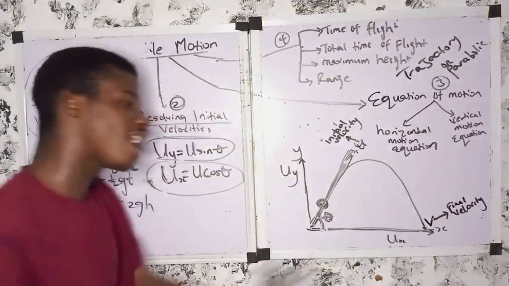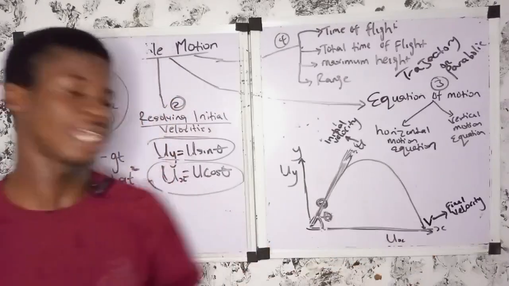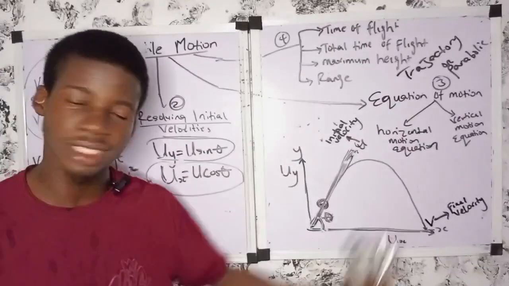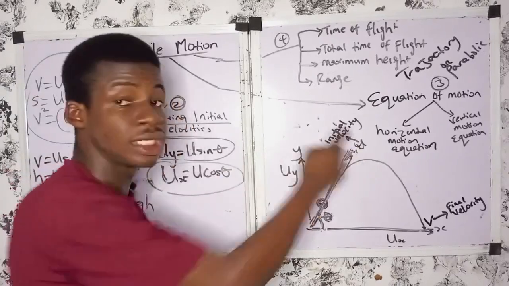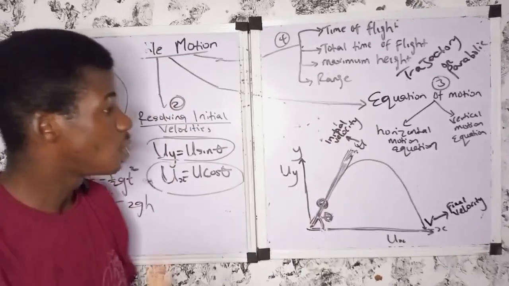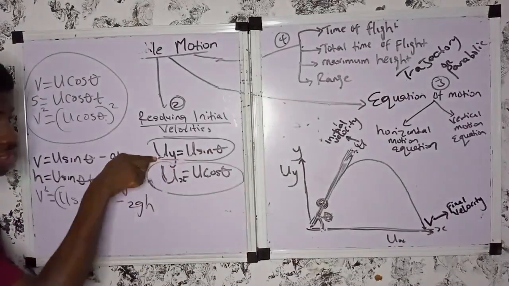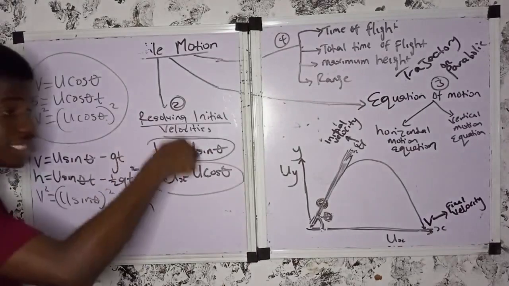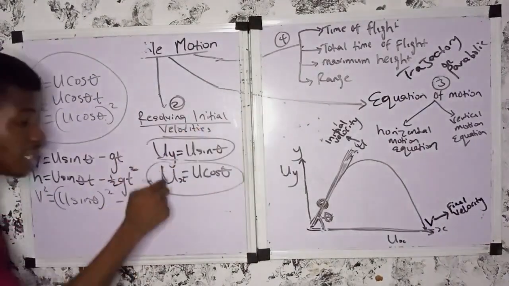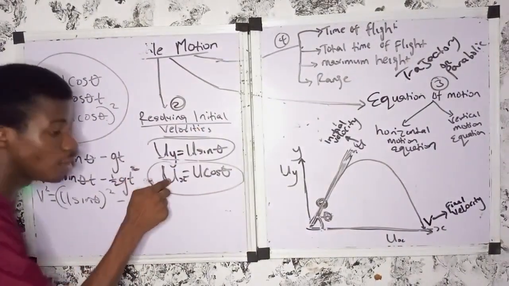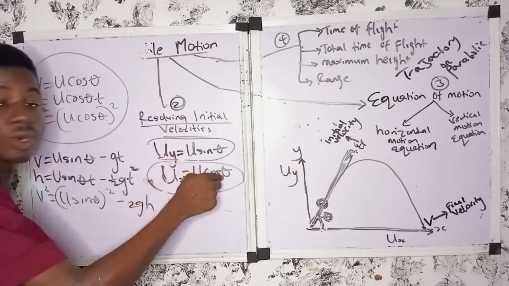Now this part here was the initial velocity of the body. When we resolve it, we get the initial vertical velocity equals to what? Initial velocity sin theta. Then the initial horizontal velocity equals to what? Initial velocity cos theta, right?